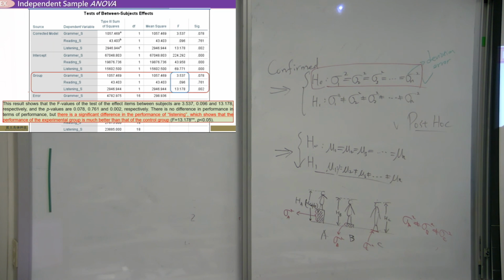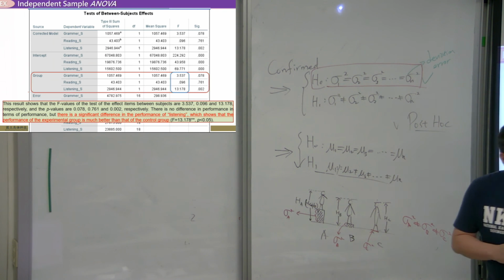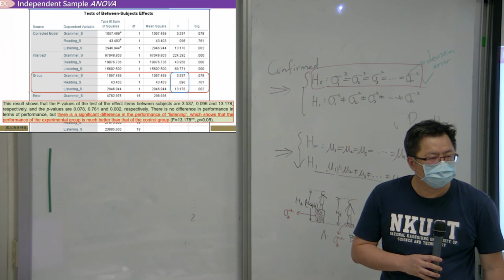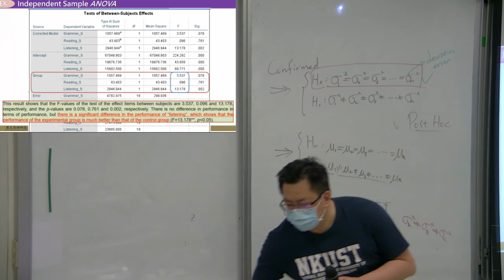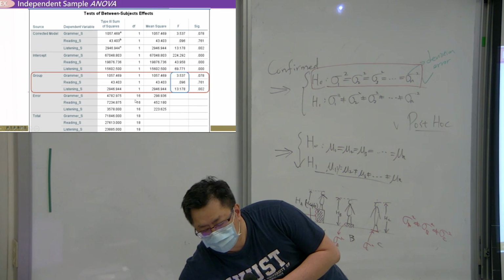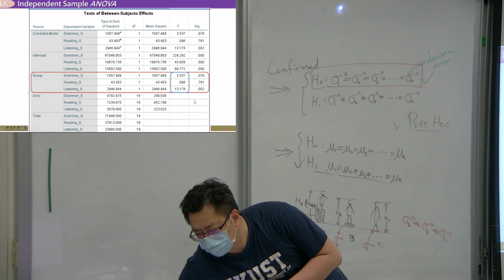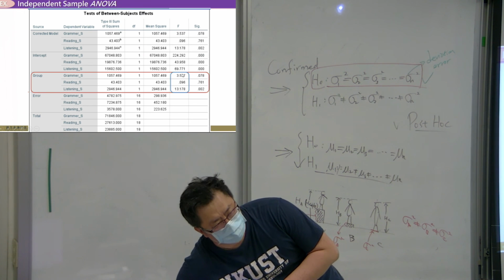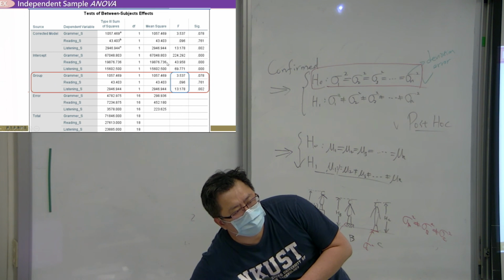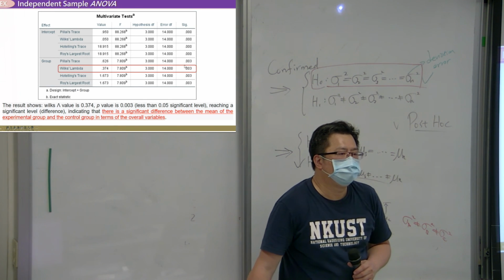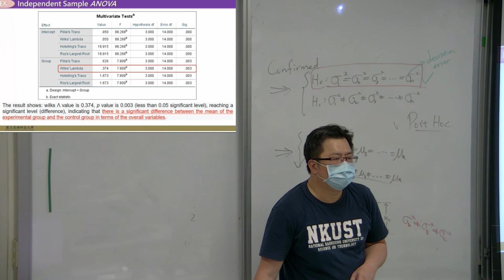Understand? Okay. We report the F value in this example, but in the previous example, we didn't use the F value. We used the t value.